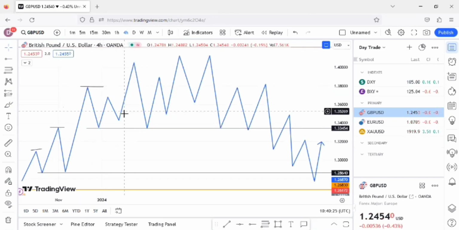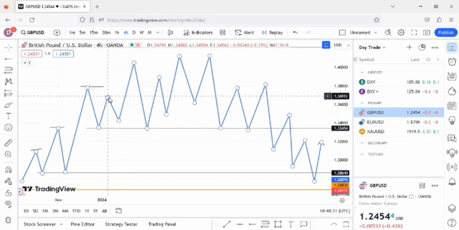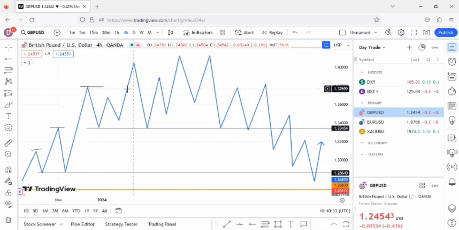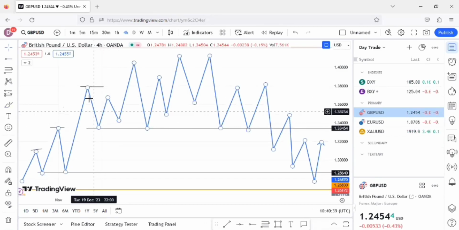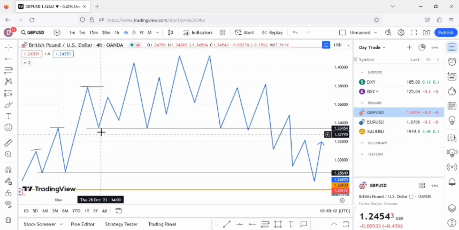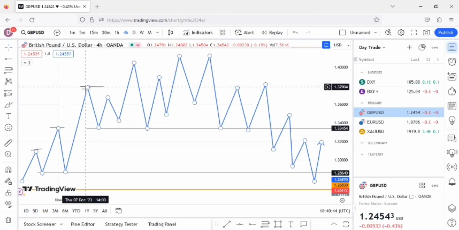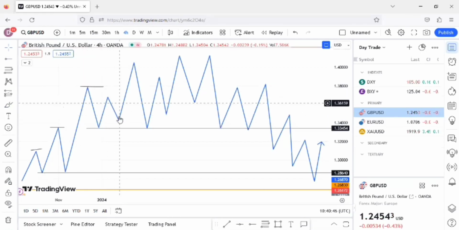You might be asking the question, okay, what of this one? This one is not a demand level. This one is liquidity. When you have a move, there must be a break of structure before a demand can be approved as a demand. From here, you have a pullback, but there is no break. This one does not break this particular level. This is like a correction before there is a real move here.